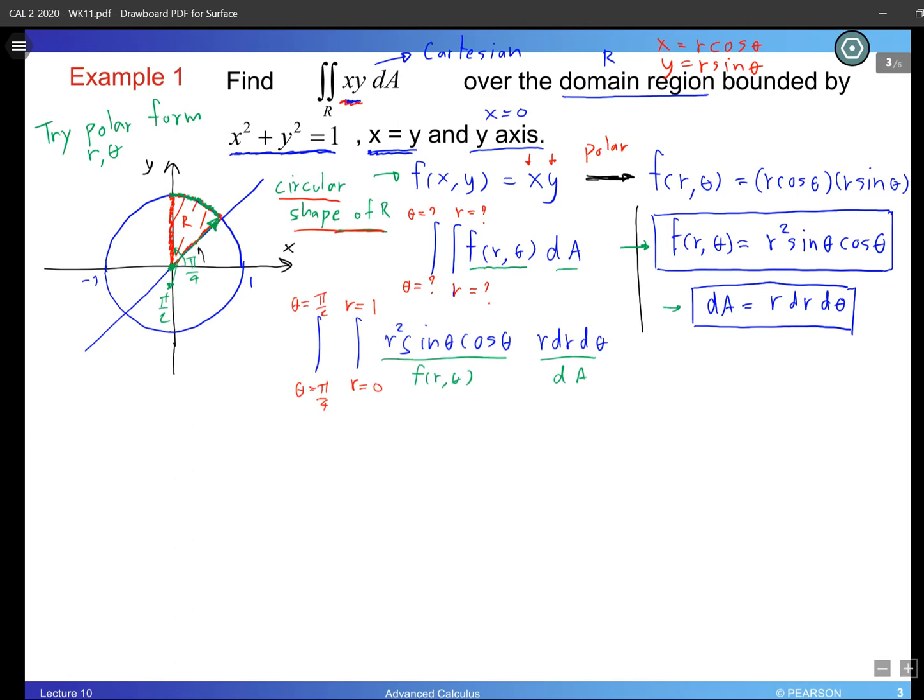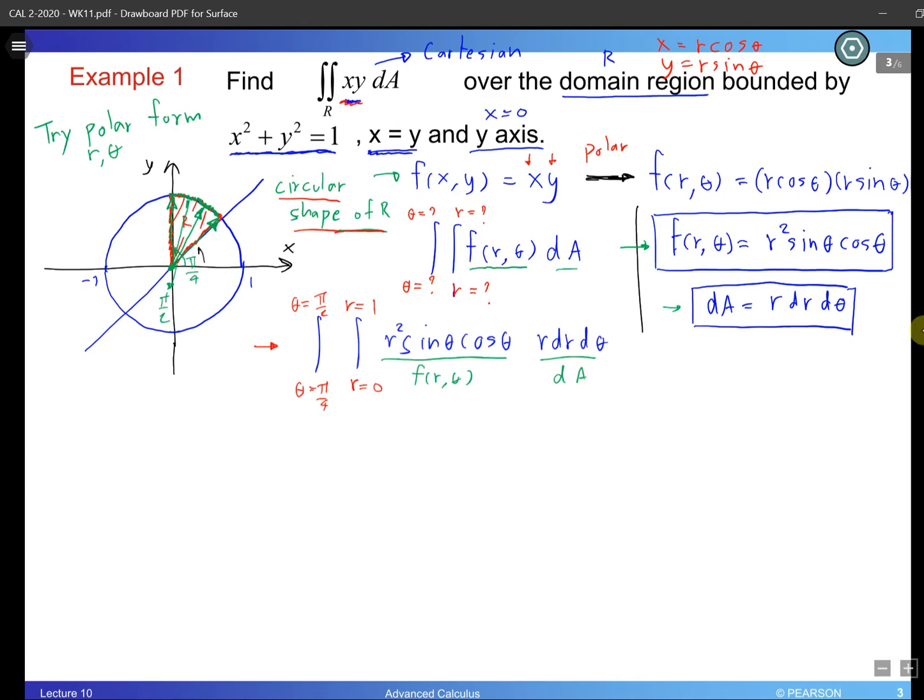So there you go. We got everything that we need for the function, for the differential area, and for the boundaries. Once again we are going to create this sweeping pattern again and again until we cover the whole region. So now we just need to work on this double integral. We are going to start working from the inside and then move to the outside.